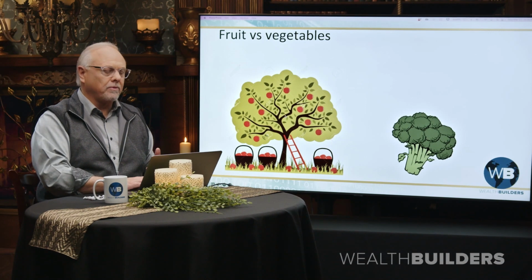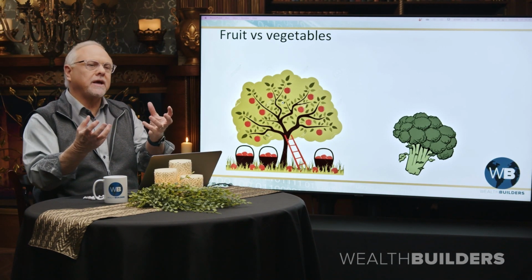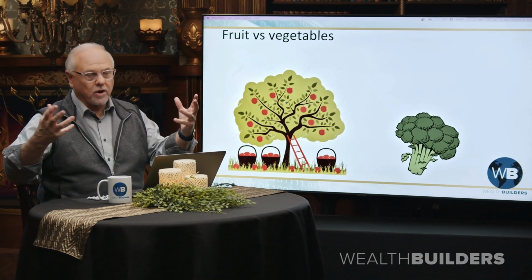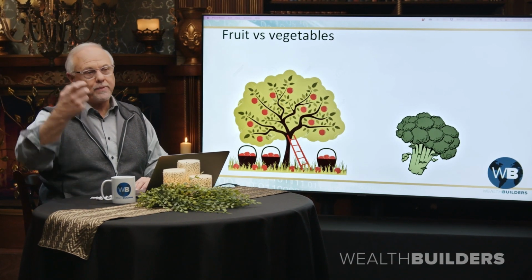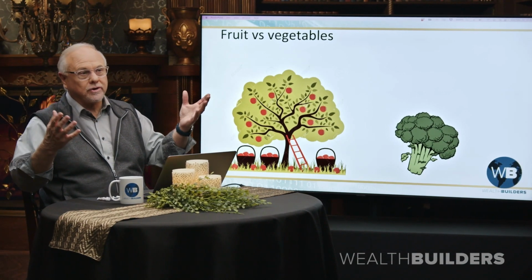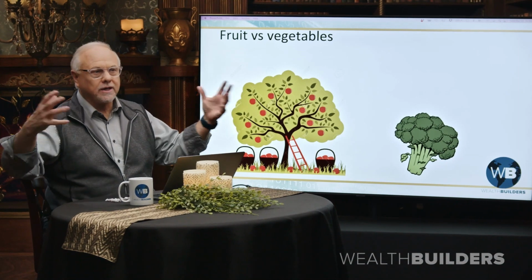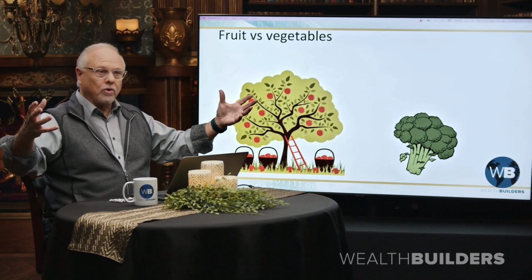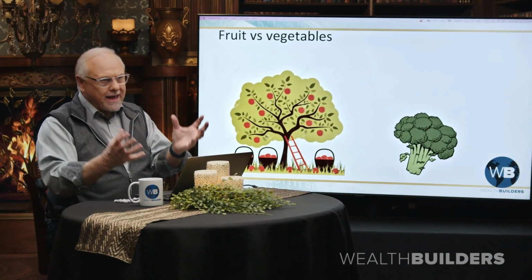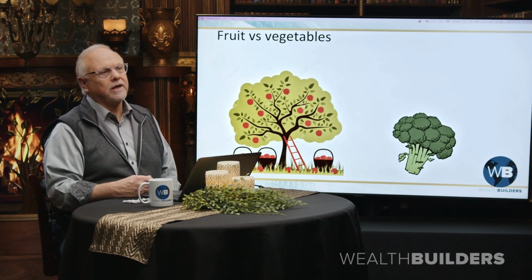Whereas what we're really talking about doing is income from assets. An apple tree is an example. When an apple tree grows and begins to produce apples, I can go pick the apples, but it doesn't kill the tree. As long as I manage the tree and protect it, I water it, and I protect it from the bugs and the heat or the cold, then every year that apple tree is going to give me apples.